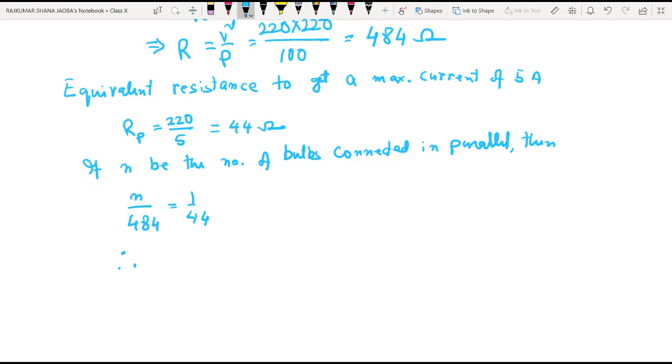Therefore, n is equal to 484 divided by 44. That is 11. So the number of bulbs is 11.